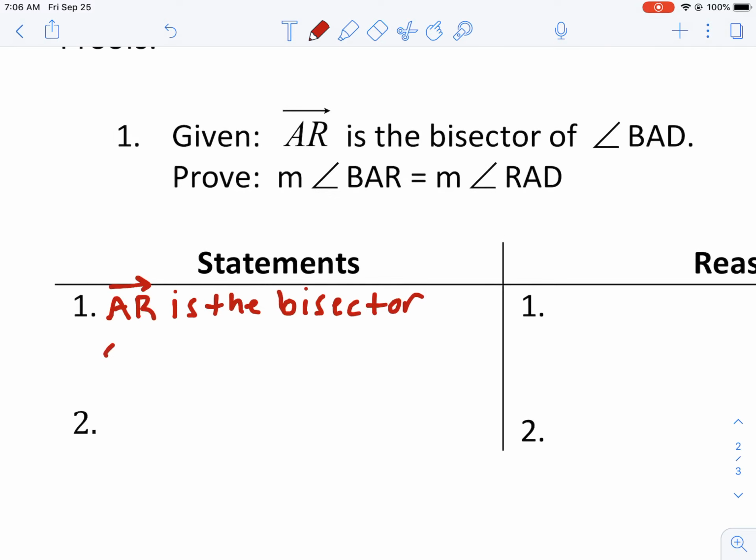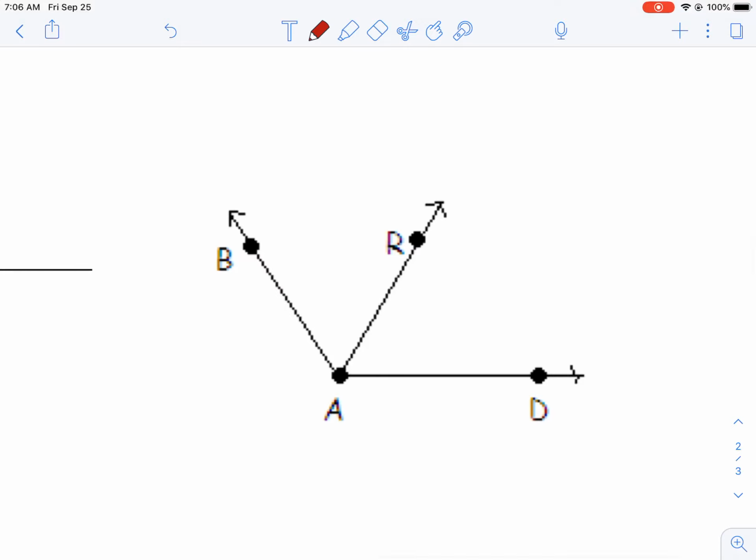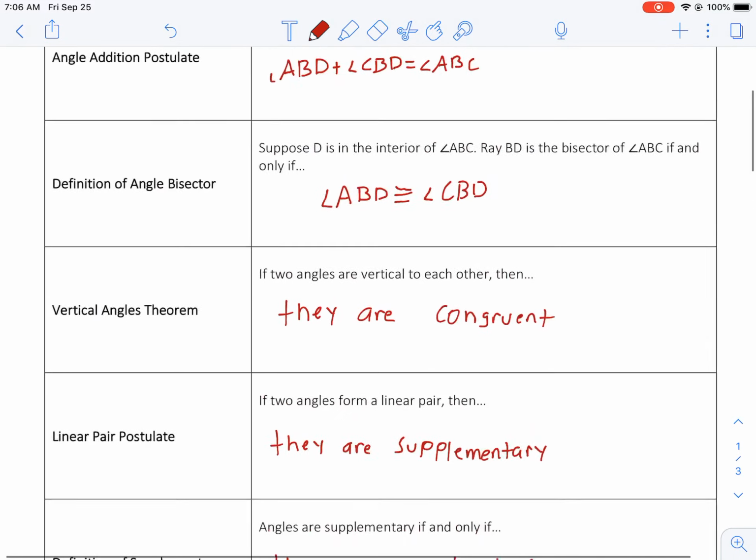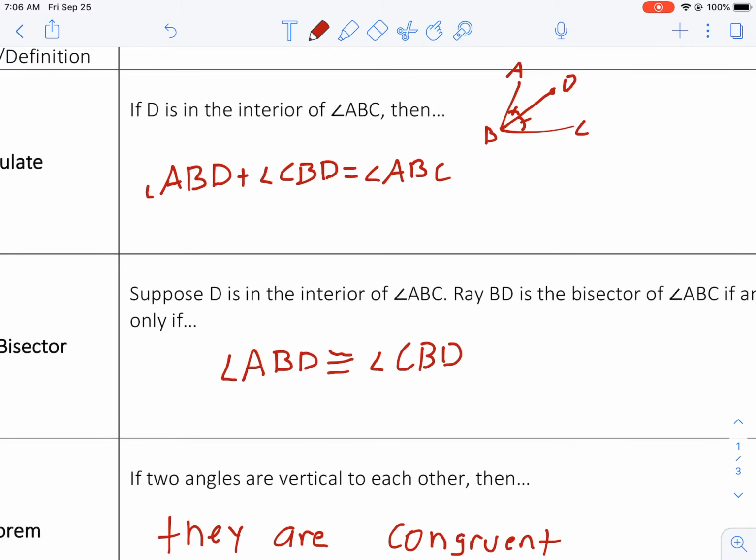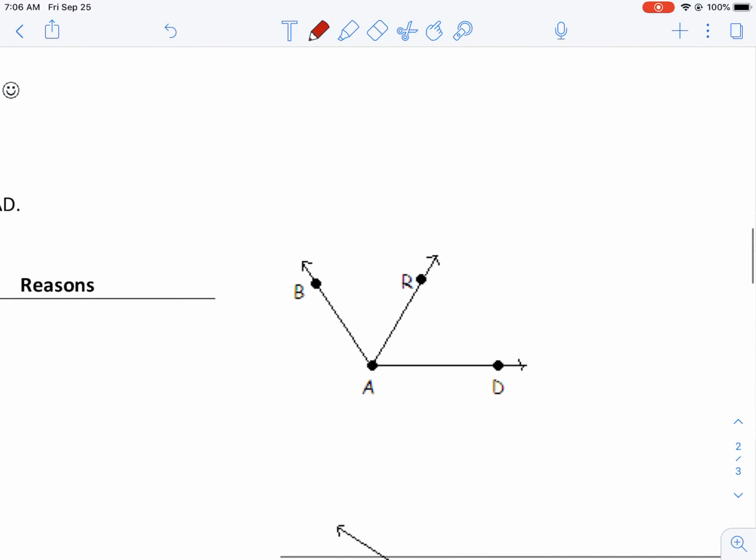So if AR is the bisector, what does that mean? Go back up. Remember, bisector means that both sides of the angle are going to be congruent. So we want to mark that in our picture. So that means this angle is congruent to this angle.